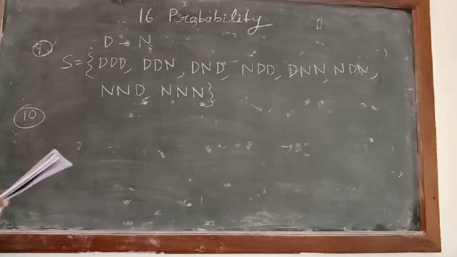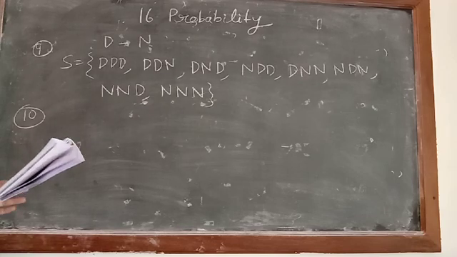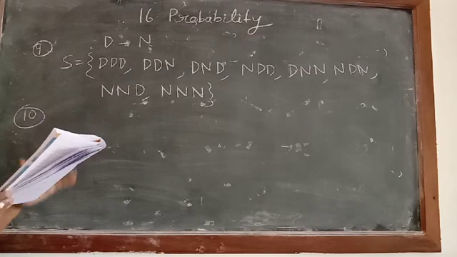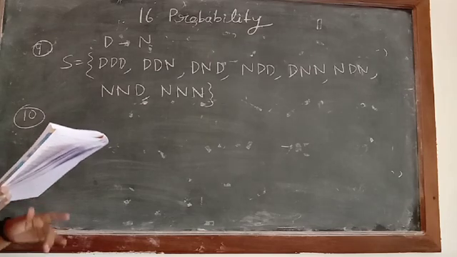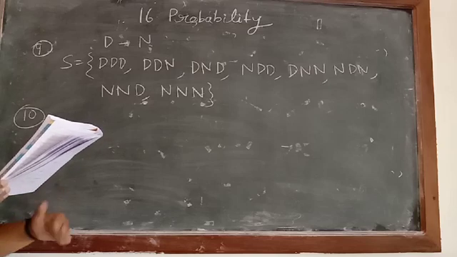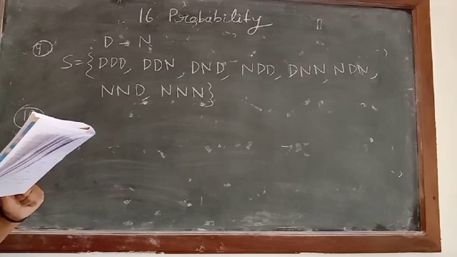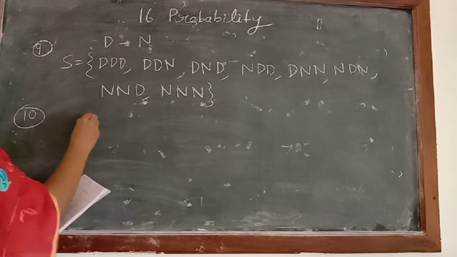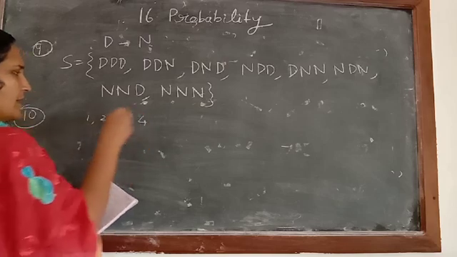In the 10th one it is written the numbers 1, 2, 3 and 4 are written separately on 4 slips of paper. A person draws 2 slips from the box, one after the other without replacement there. Okay, so now we have to write the sample space for this one. So our numbers are 1, 2, 3, 4.